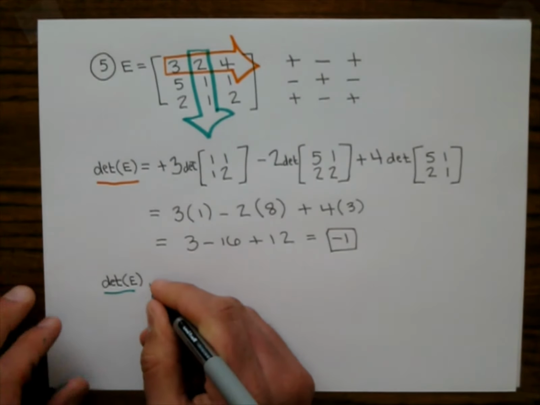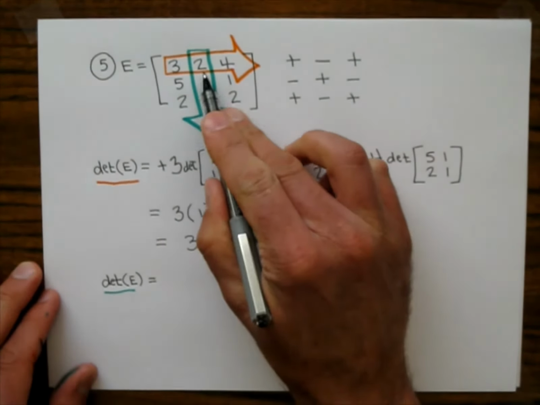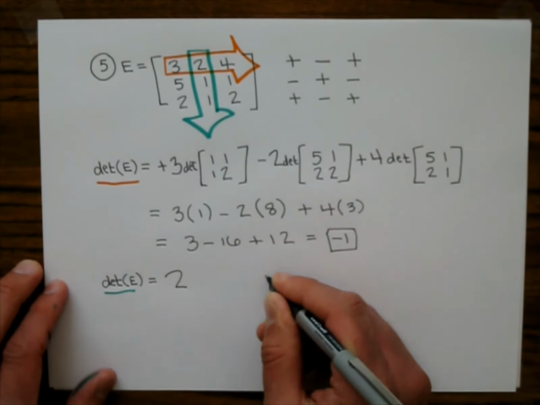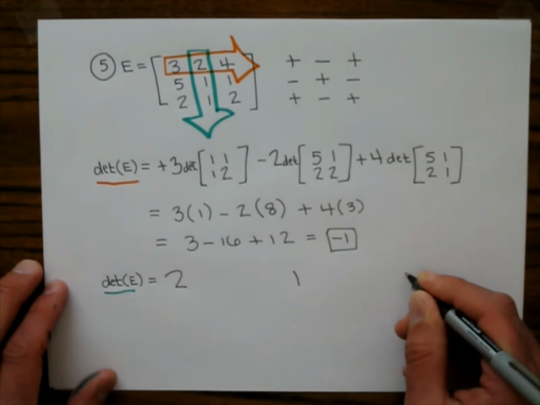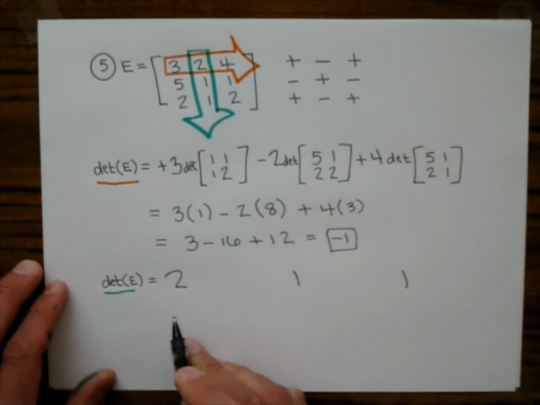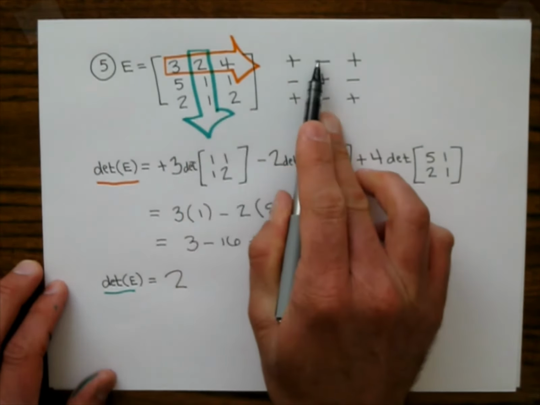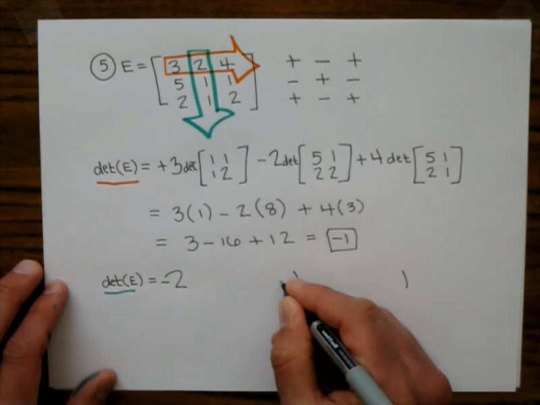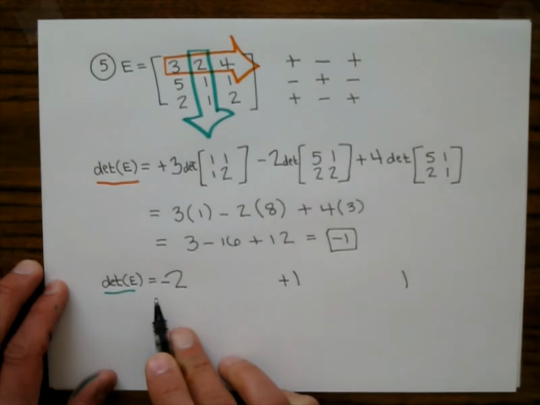Let's see what happens. So I go ahead and write the 2, 1, 1. Now the 2 is in the negative position. And this middle one is in the positive position. You'll find that once you get this going, it alternates signs.